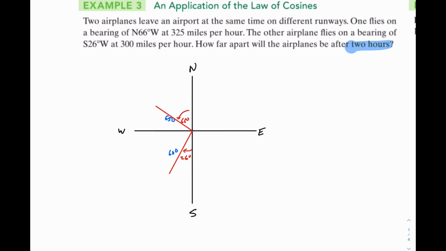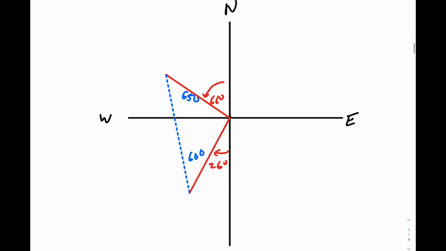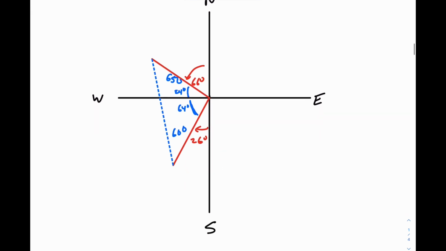And we're looking for how far apart they are. And take a look at this part right here. If this is 66, that would mean this little piece, that's 90 minus that, so that should be 24. And then this part should be 64. So in total, that's 88.